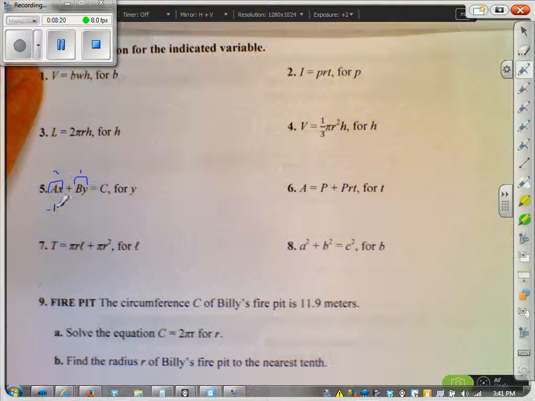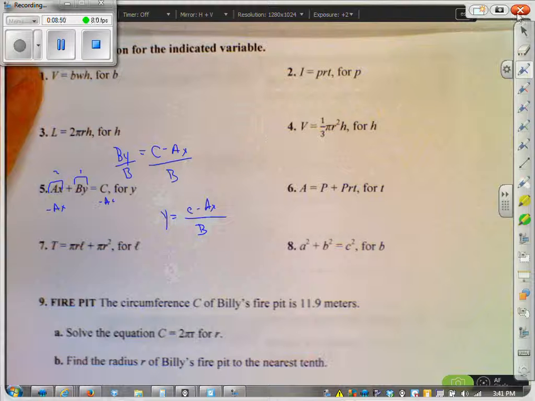I'm going to subtract ax from both sides. So c minus ax equals by. And then I'm going to undo this multiplication with division. Divide by b. So y equals c minus ax divided by b.